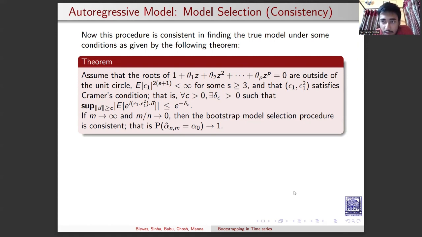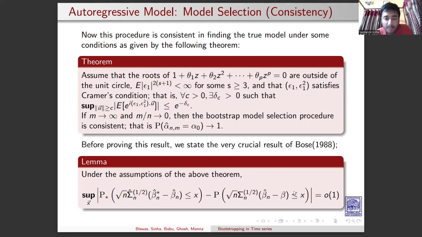And also epsilon_1 and epsilon_1 squared follow Cramer's condition as was discussed before. Assuming all of this, if m tends to infinity and m over n tends to 0 as n goes to infinity, then our bootstrap selection procedure is consistent. That is, the probability that alpha hat_{n,m} equals alpha_0 goes to 1 as n tends to infinity.